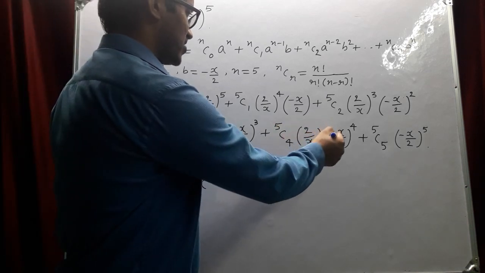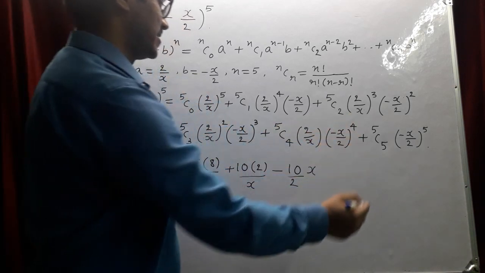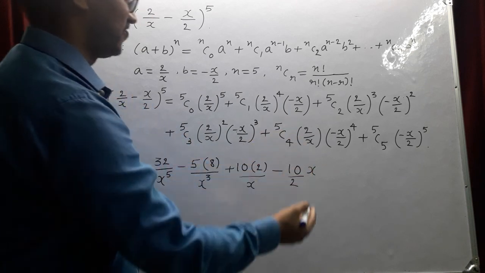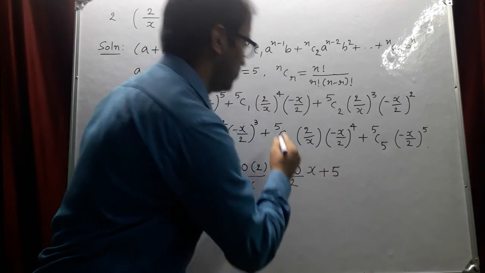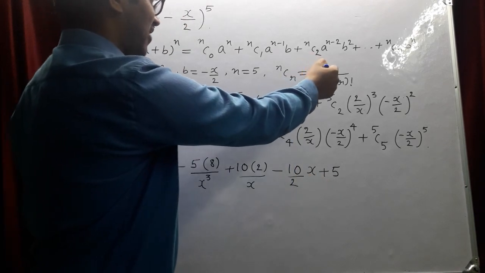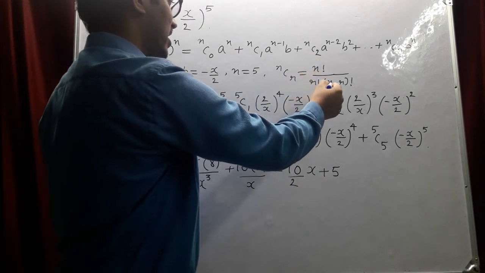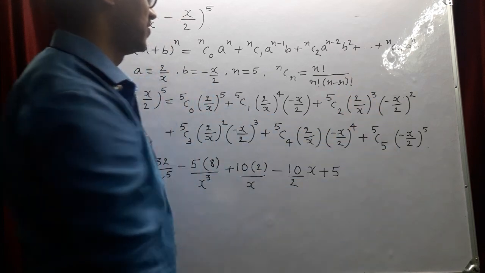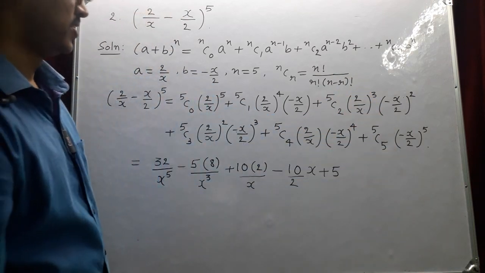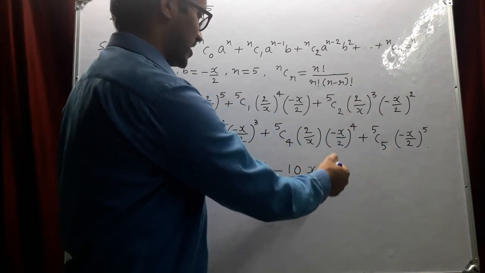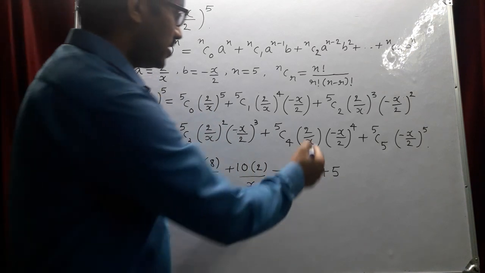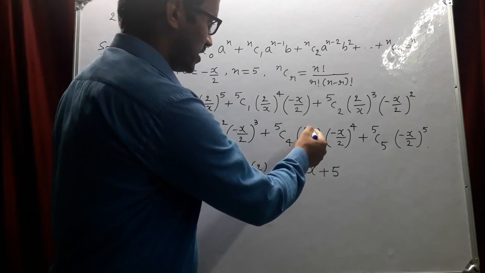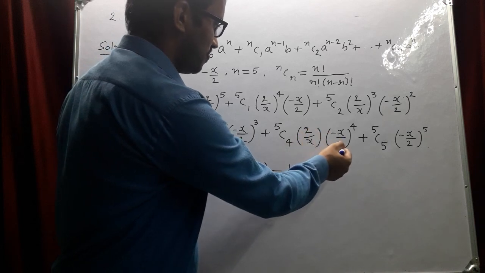Here minus 1 power 4 means plus 5c4. 5c4 value is 5. If not, we can use this formula, 5 factorial by 4 factorial into 5 minus 4 factorial. So if you simplify, you will get the value as 5. Here, so what we will get, 2, here 2 power 4.